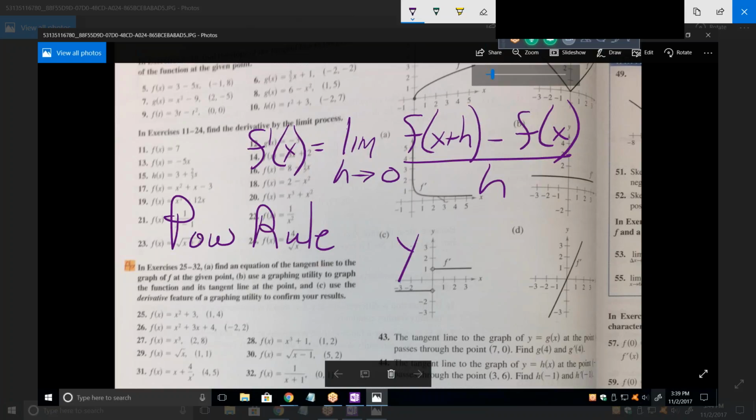Power rule. If y equals x to the 4th, then y prime equals 4x cubed: you start with the exponent, and then you subtract 1. Got it? Yeah. If y equals 3x squared, what does y prime equal?